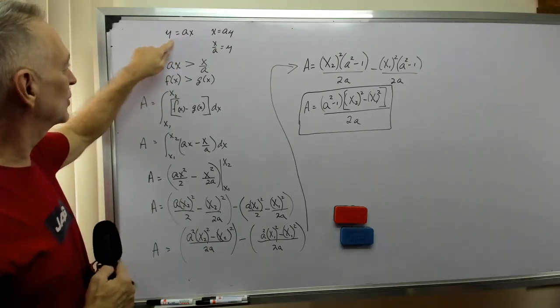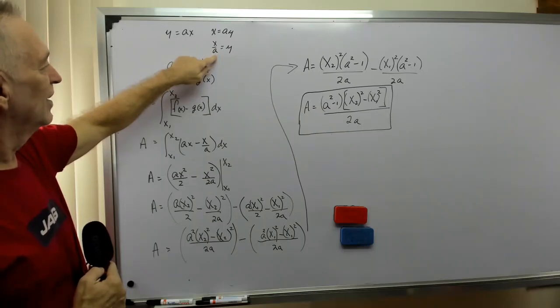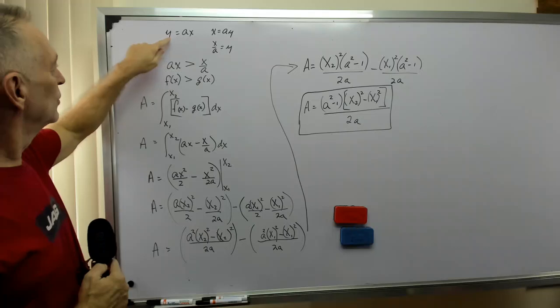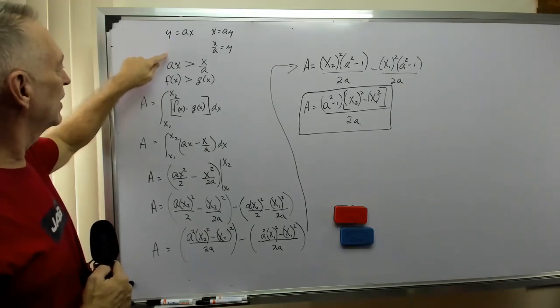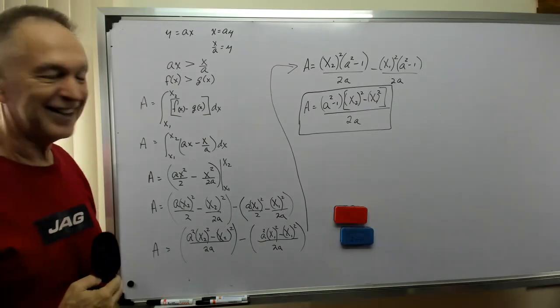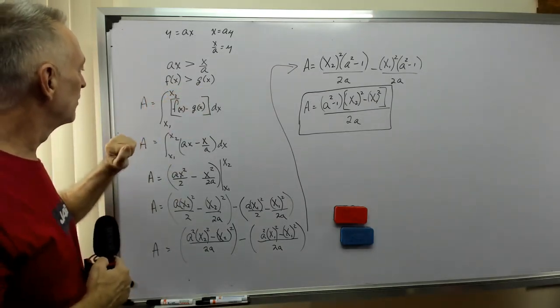That makes this one really large, and in this one it approaches 0. So we can say that ax is larger than x over a. Obviously that just makes sense. So f of x is greater than g of x.